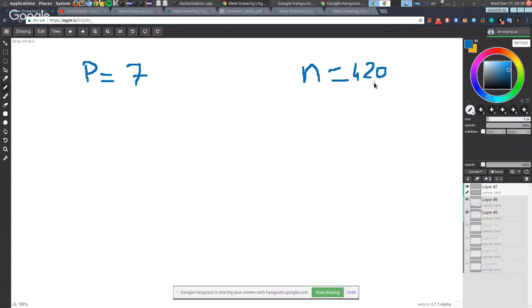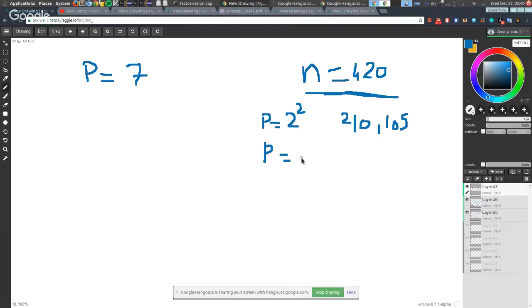For this, we kept dividing because this was the original number. So when we go by t equal to 2, we keep dividing here by 2's. So we get 210 and then 105, and that's it. So we find two 2's. So the exponent of 2 is 2.